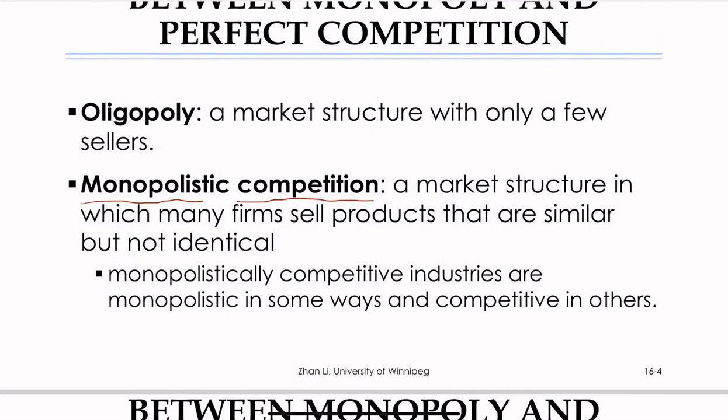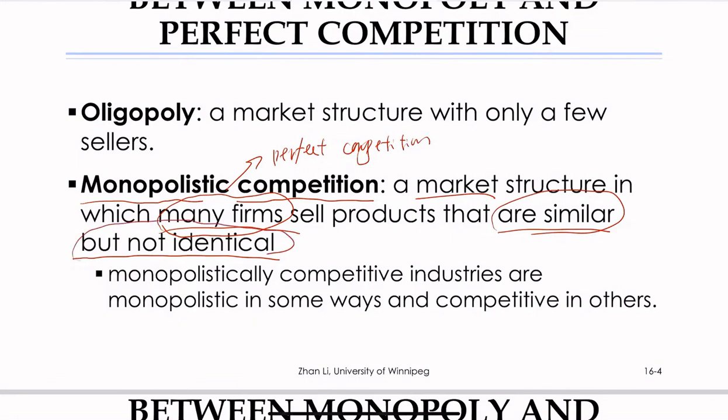To be more specific, to define monopolistic competition, we consider a market with a lot of firms, but they're selling similar products, and these products are not identical. So we have many firms, which is similar to perfect competition. But about products, they are similar, yet not identical.